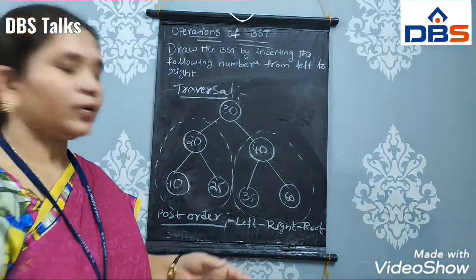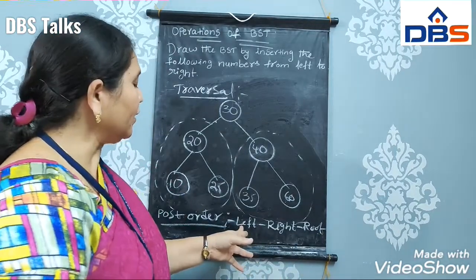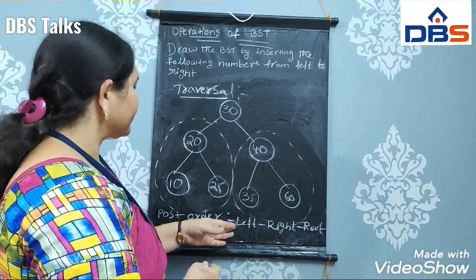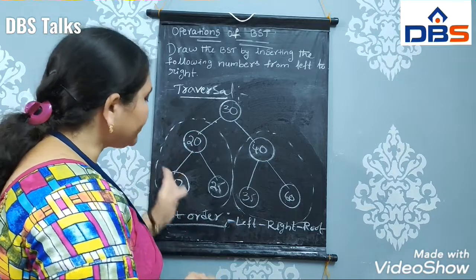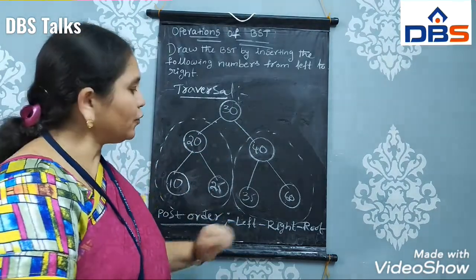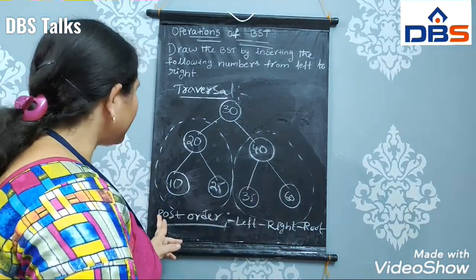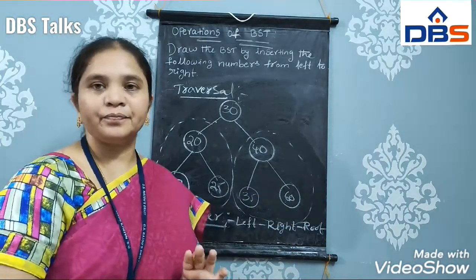Post-order: left, right, root. Left means we perform post-order on the left subtree. Then we process the right subtree according to the definition of post-order, then the root.